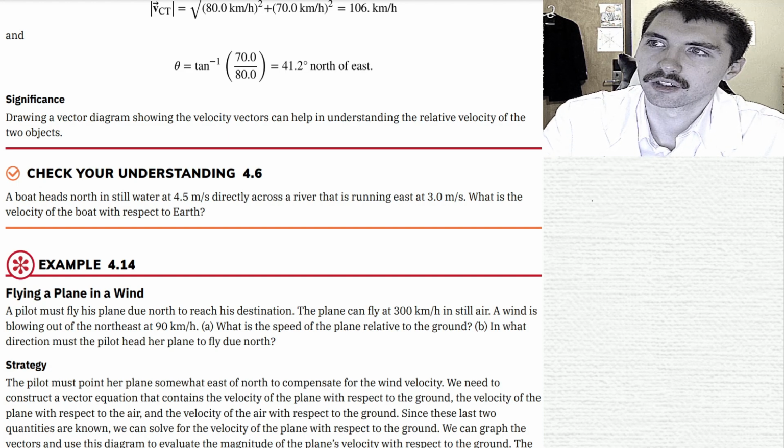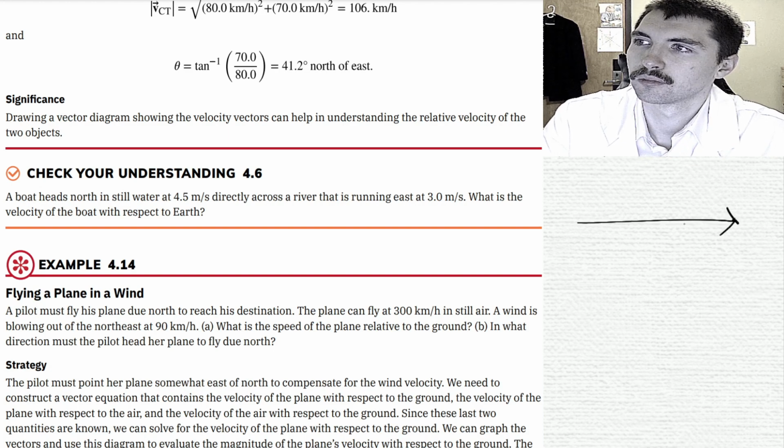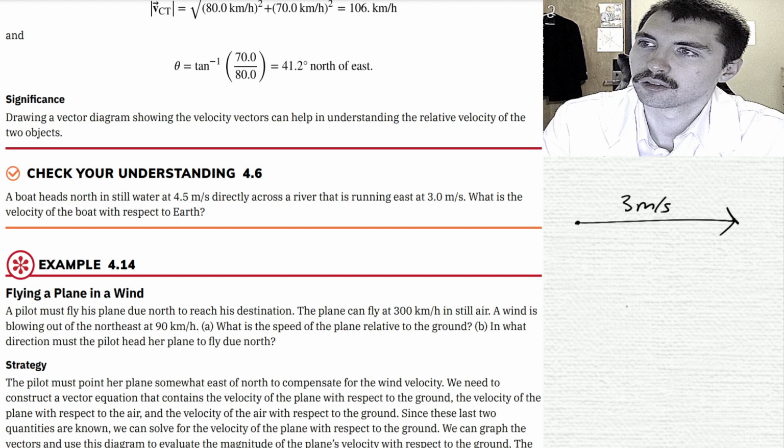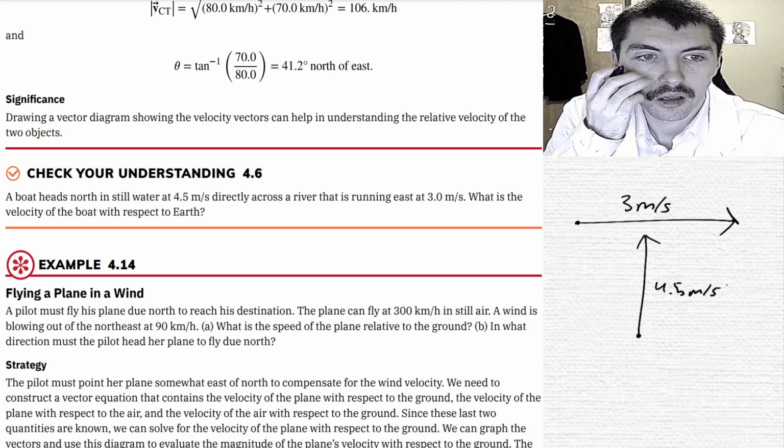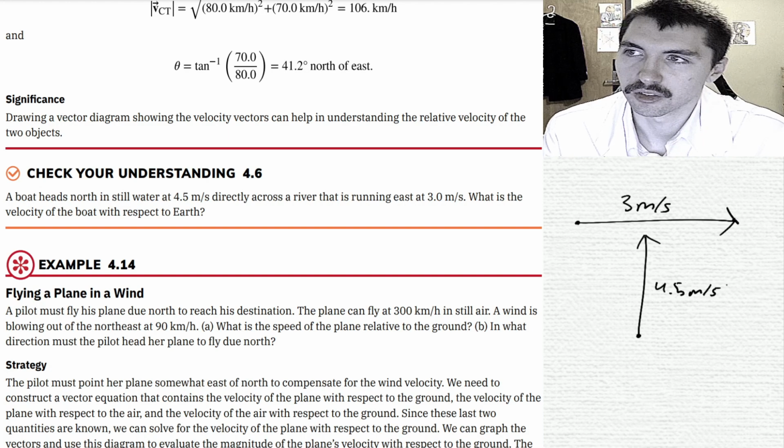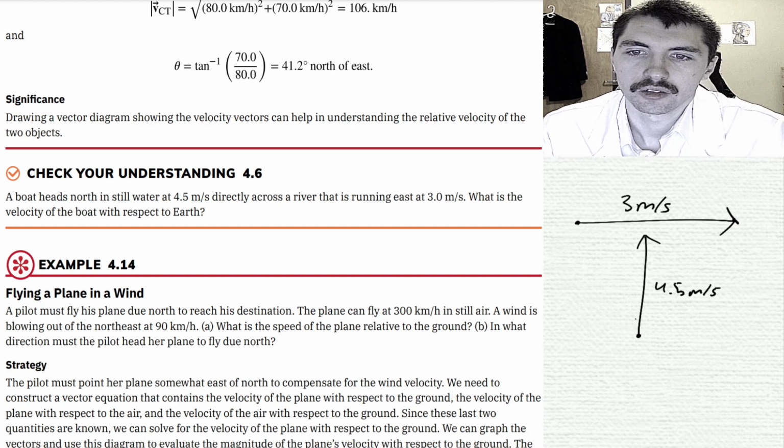Let me make this bigger. It's going east 3 meters per second. This is going 4.5 meters per second. What is the velocity of the boat with respect to Earth? Okay, so this is the boat. This is a river.